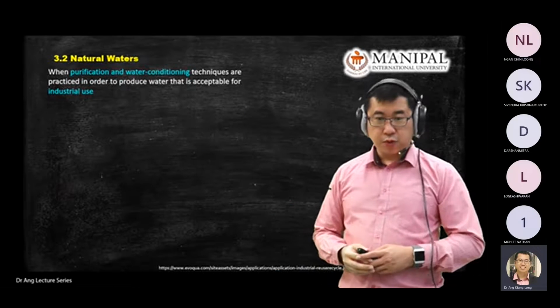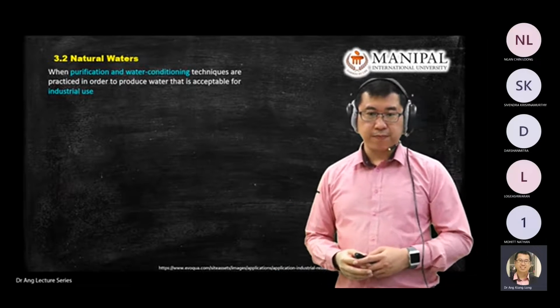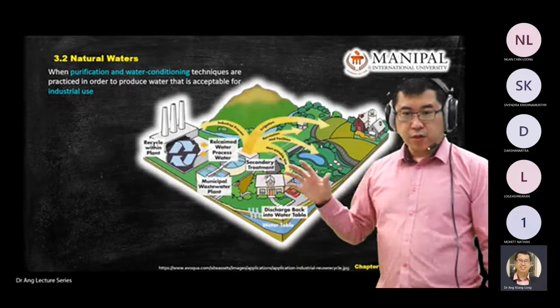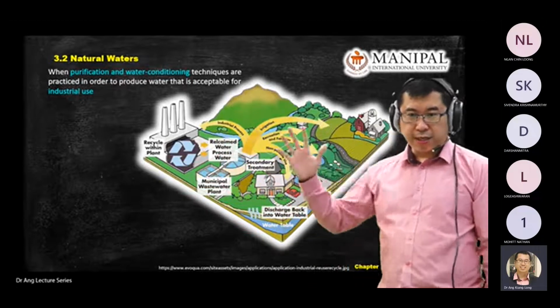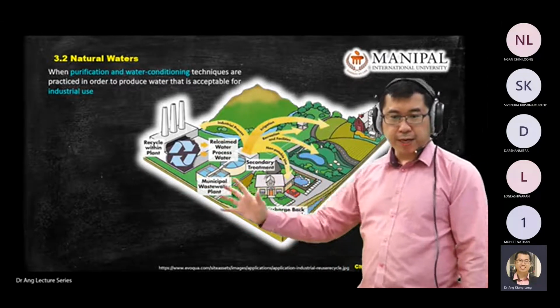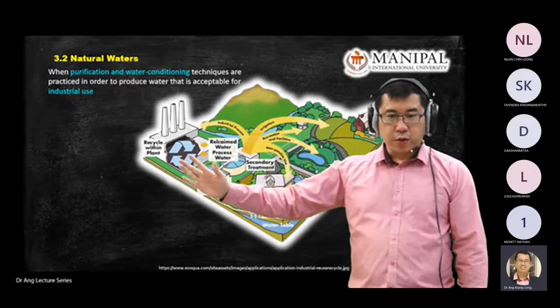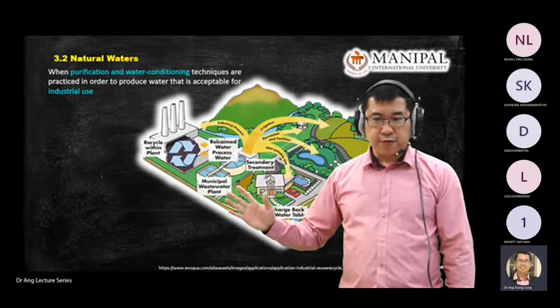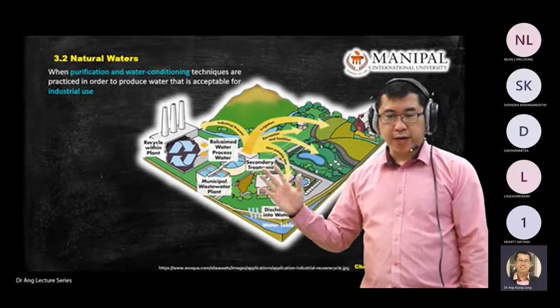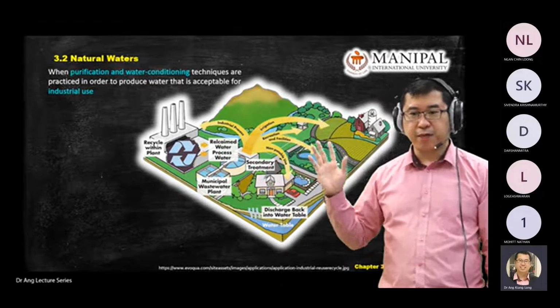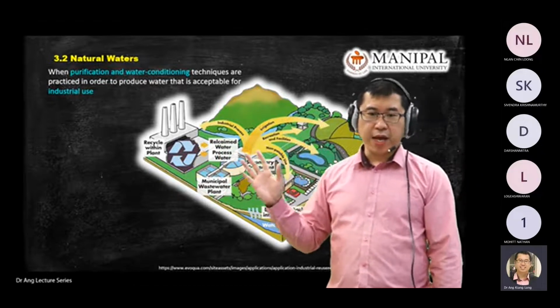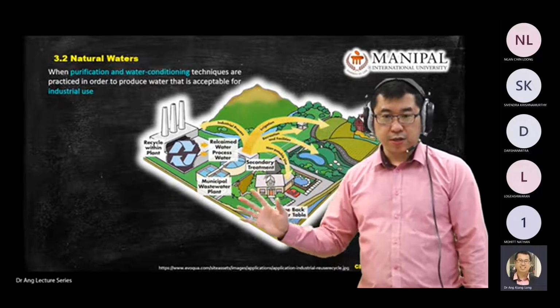This is a schematic diagram, not to scale, but when you go into an industrial area, you will have fresh water pumped from somewhere, can be from the sea, from the river, from the well, from the natural resources, right?